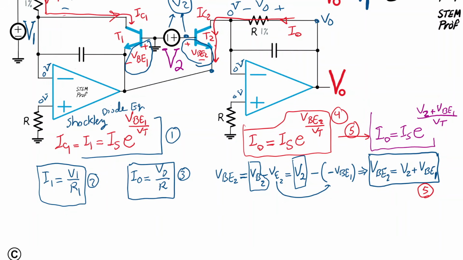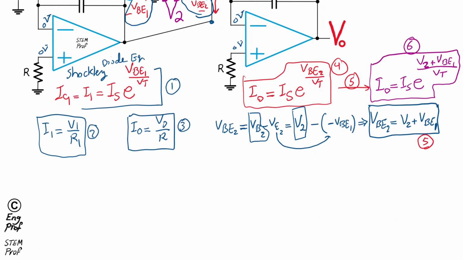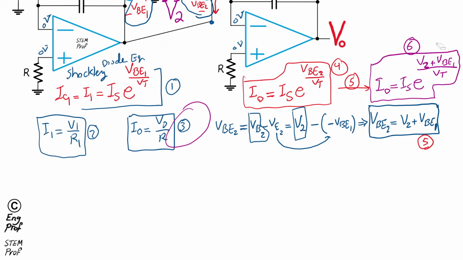All right, then this is the target equation that I wanted to use. So that's equation 6. Now, combining equation 3 with 6, I can basically replace IO.